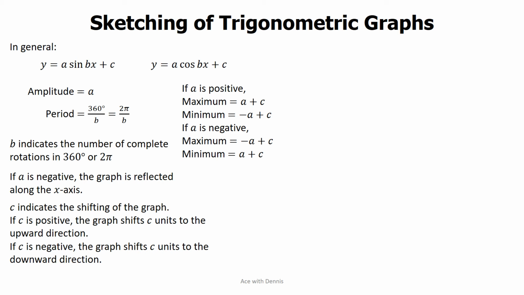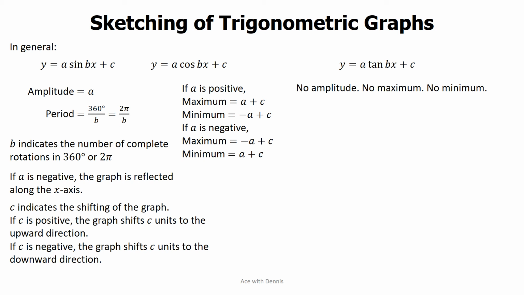Okay, now we move on to the tangent function. The tangent function will be different from the sine and cosine functions. So how different is it? If you look at the previous slide at the graph of tangent, we can see that we can't find the maximum and we can't find the minimum.